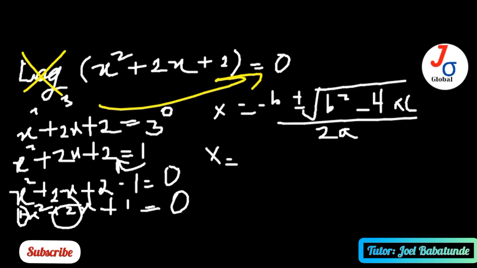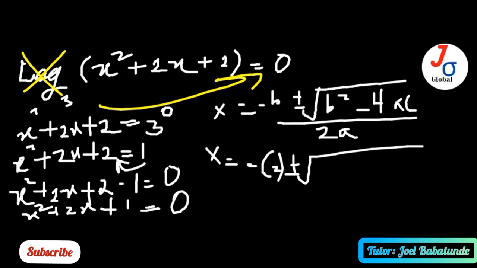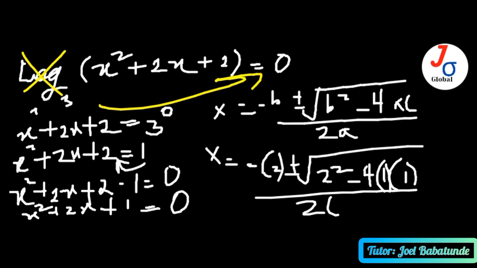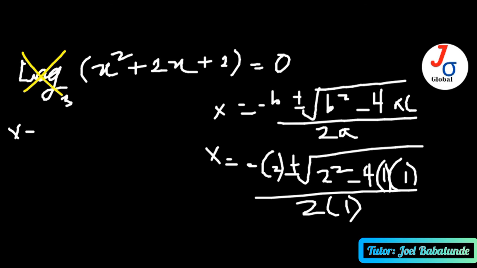There's an invisible 1 here, our a, and this is our c. Then my b is plus 2, so minus 2, then plus or minus the square root of b squared, 2 squared, minus 4 into a is 1, then our c is also 1, then over 2a. 2a is 2.